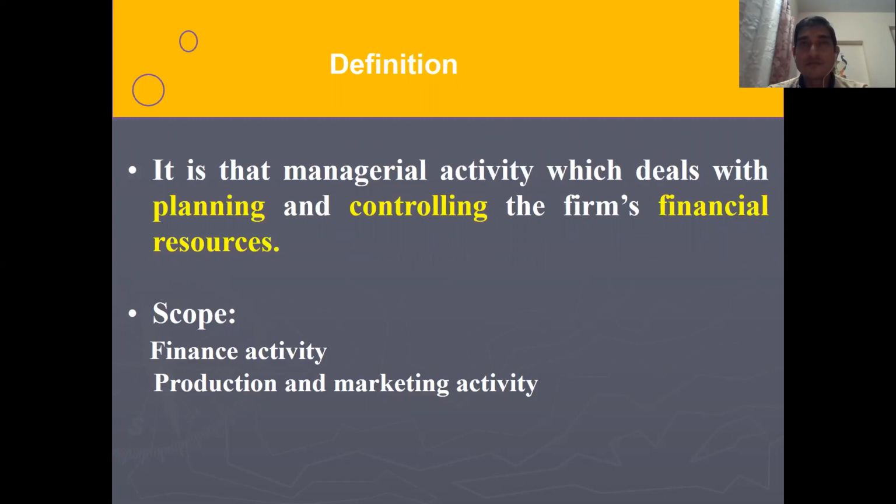Financial resources means all kinds of equipment which we procure, land, copyrights, patents, raw material, or any kind of resources which we have acquired through spending of money, and which is used to convert raw material into finished products, and again you get back the cash.